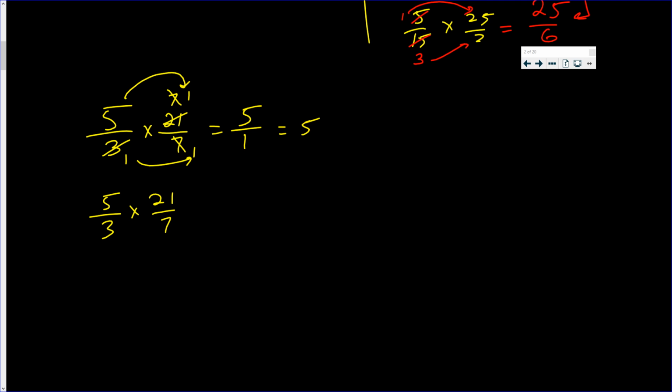Or you can say that 7 goes into both of those numbers 1 and 3 times. And then 3 goes into both of those numbers 1 time. 5 times 1 is 5. 1 times 1 is 1. And the rule for dividing by 1 is don't bother. You just get 5. Did it two different ways. I got the same answer.